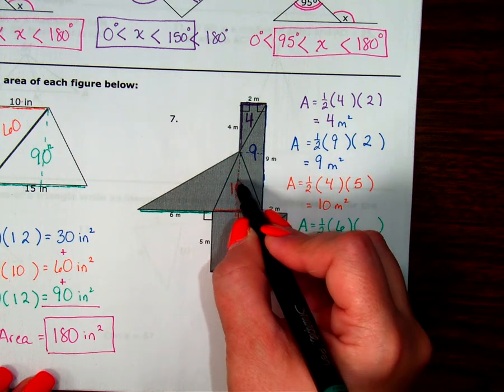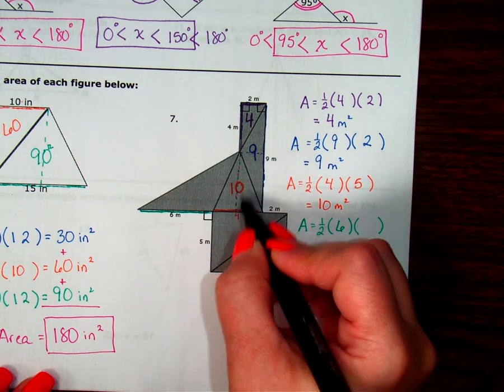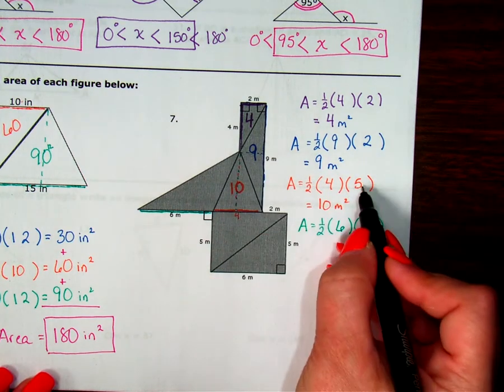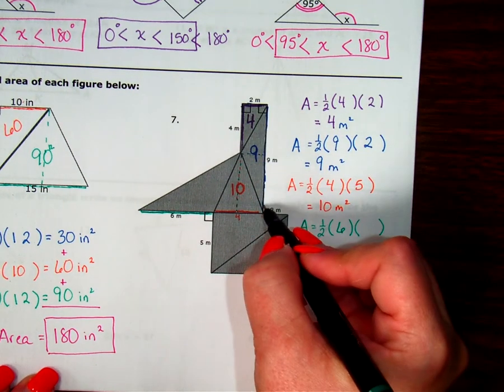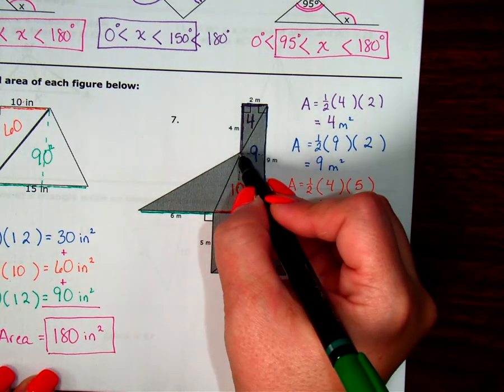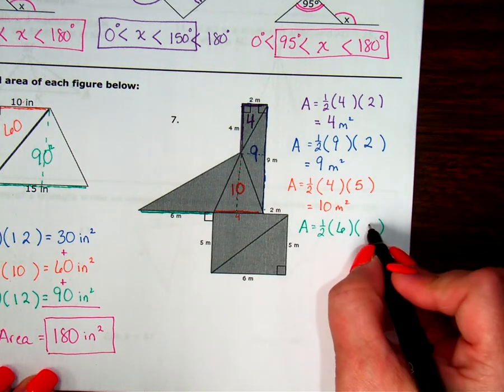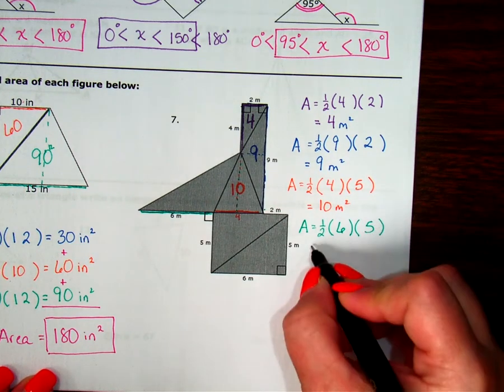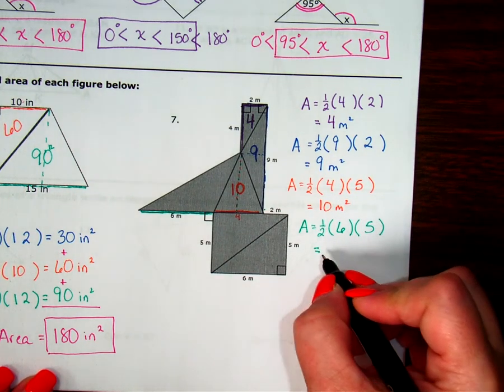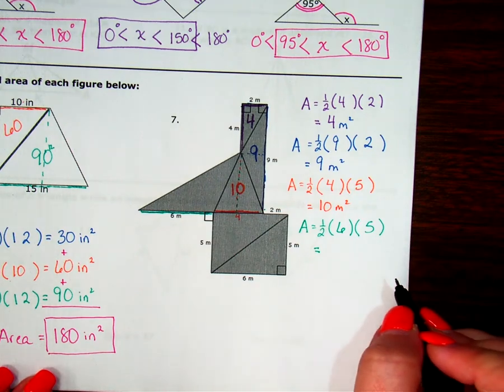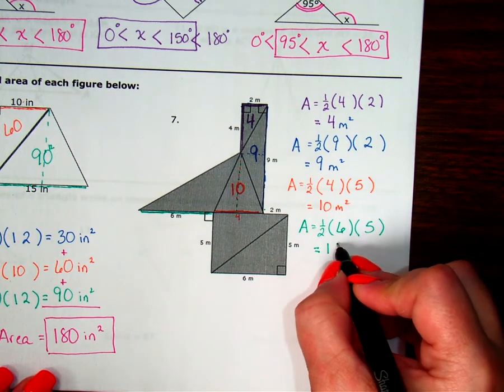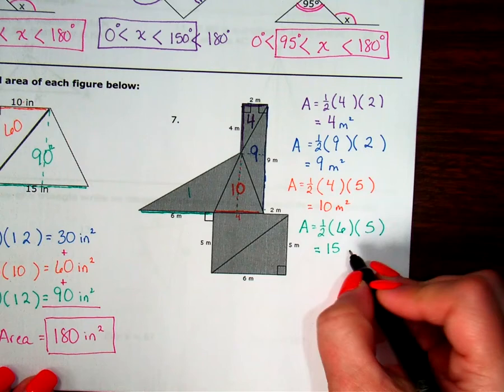So it's the same height as the orange triangle next to it, which we said was 5 units because this whole side is 9. I've used 4 there, so there's 5 left here. So the area for that triangle, 1/2 of 6 times 5 is 15 square meters.